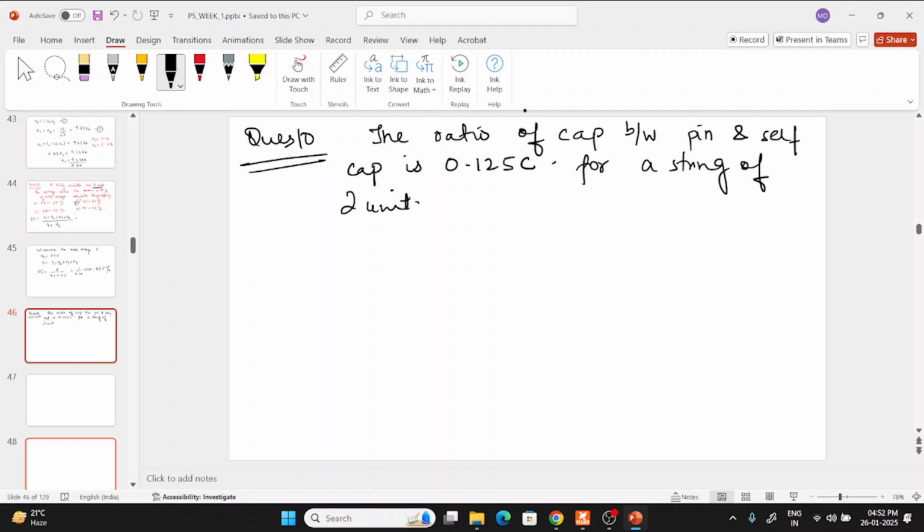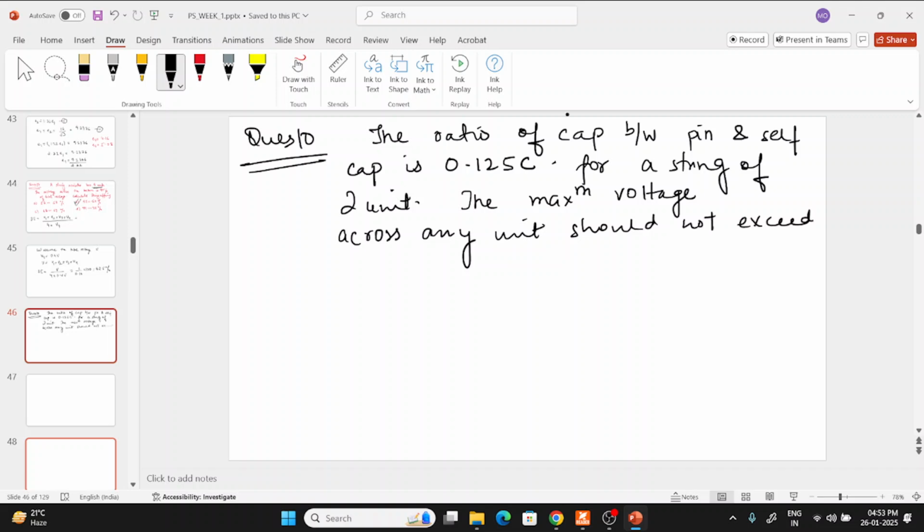ठीक? The maximum voltage across any unit should not exceed how much? 10.5 kV.